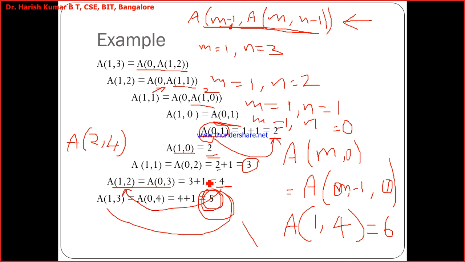Just make it fast and tell me the answer. So A of 2 comma 4 is equal to how much? So how many steps did you get in the forward direction?